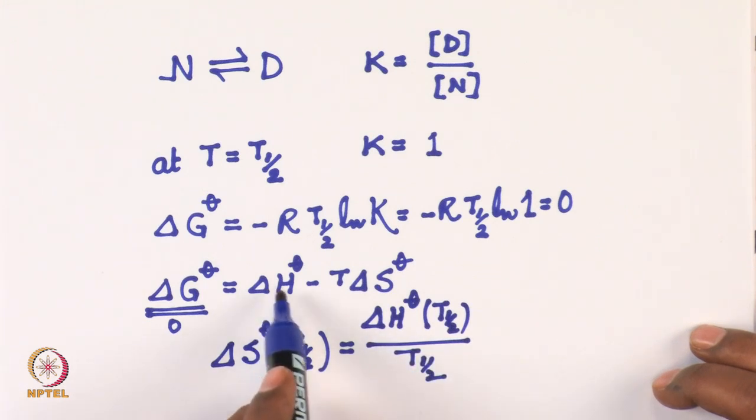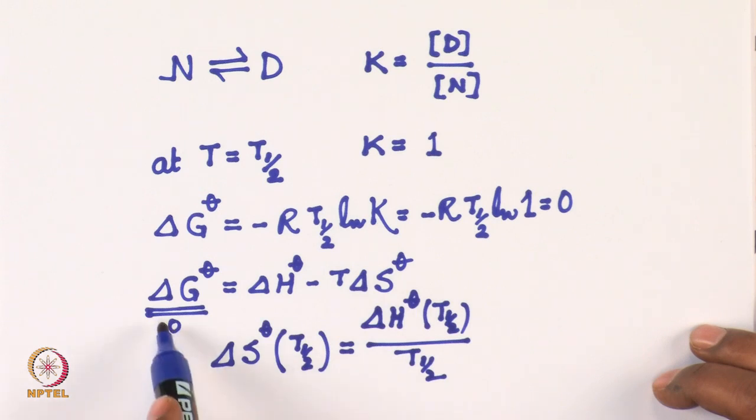I am rewriting this equation because delta G naught is 0; therefore, delta S naught at T half is delta H naught at T half divided by T half.